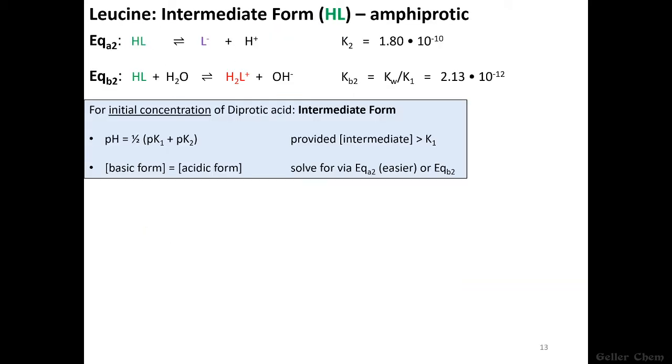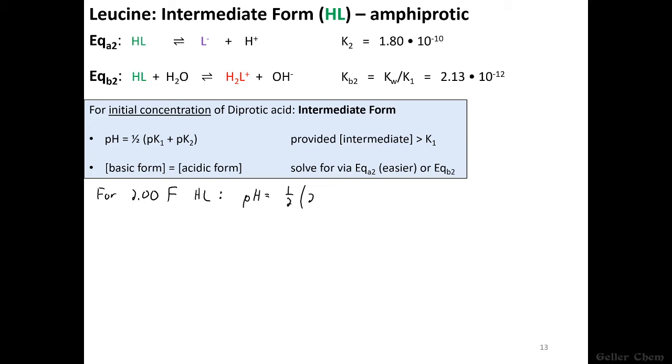Anywho, let's do a sample problem. So, let's say 2.00 moles per liter initially of HL intermediate. We start with that, we put it in water. What happens? Well, we will get a pH equal to 1/2 of pK1 plus pK2, which we can find from earlier in these slides where I presented both K values and then we just negative log for the pKa's.